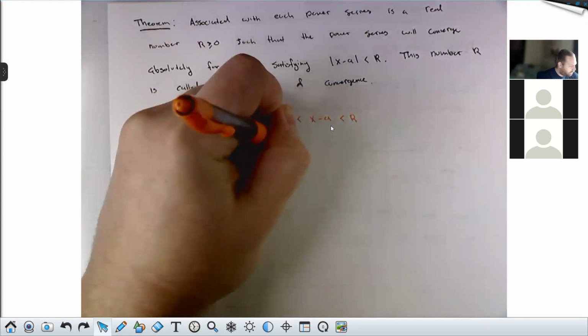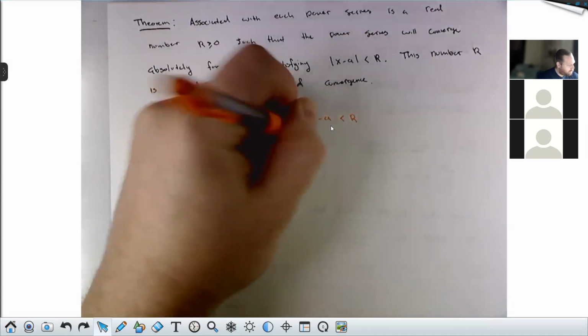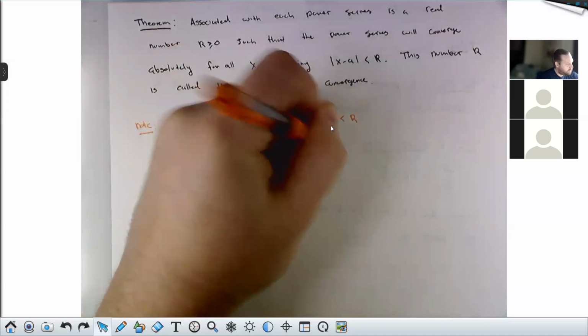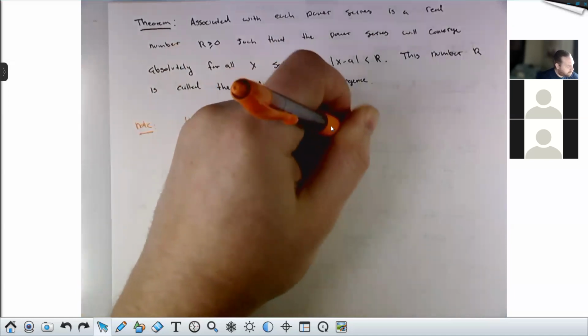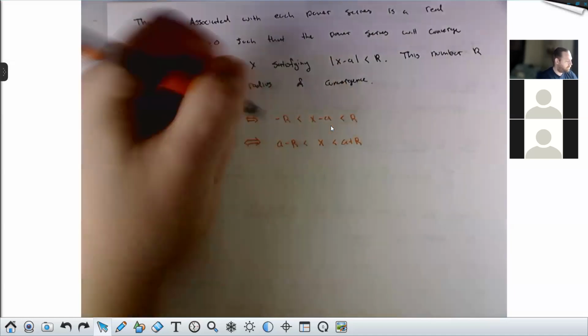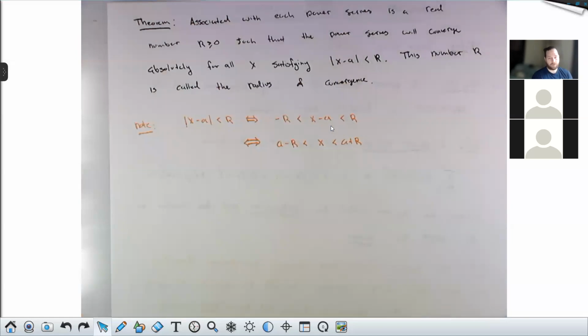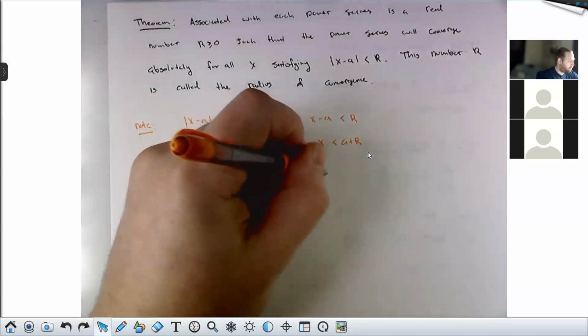If I add a everywhere, this becomes a minus r is less than x is less than a plus r. So in other words, these are the x values from a minus r to a plus r, which on the number line looks like this.